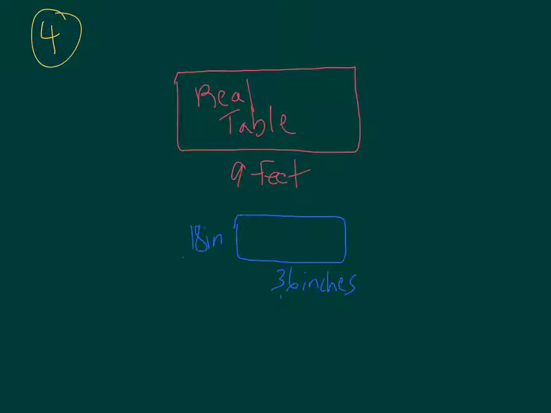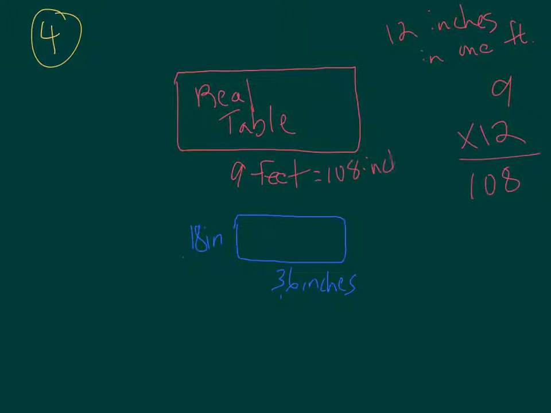In order to do that, I take my 9 feet, and I know that there are 12 inches in 1 foot. So let's take that 9 and multiply it by 12, and you should get 108. So this is actually equal to 108 inches. Okay, now it becomes a little bit clearer.